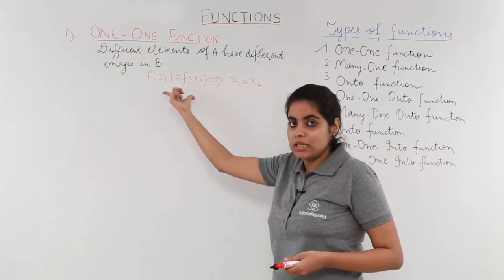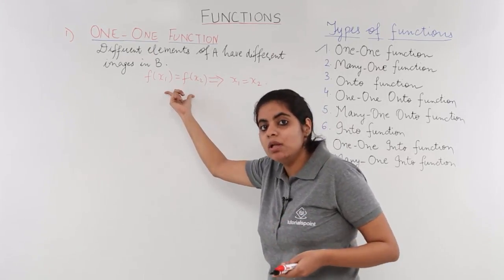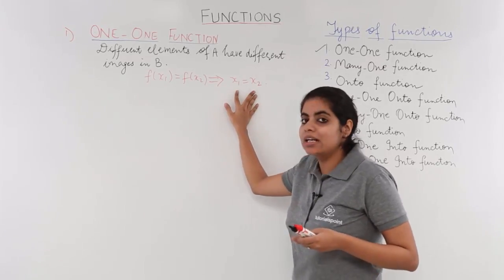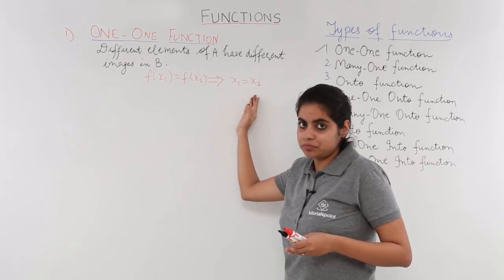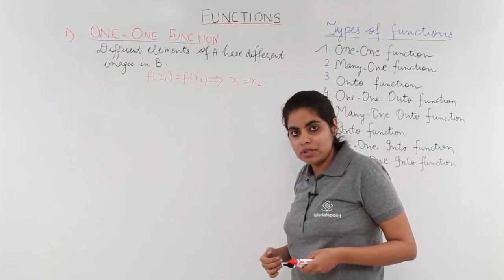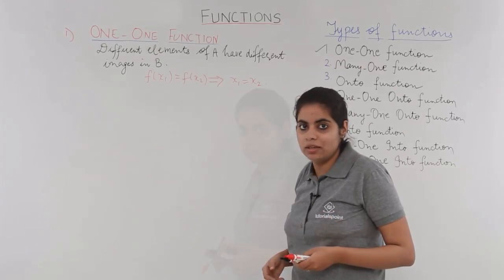If the B set has different elements, that means it is only possible when the A set had different elements for which these were the pre-images. Let's see some examples and then find out what one-one actually is in detail.